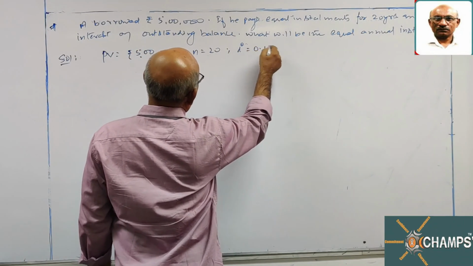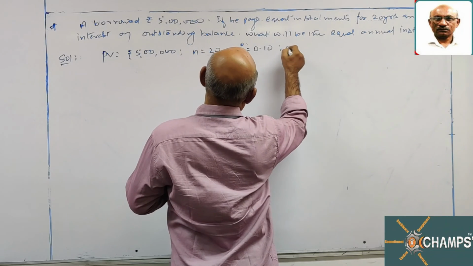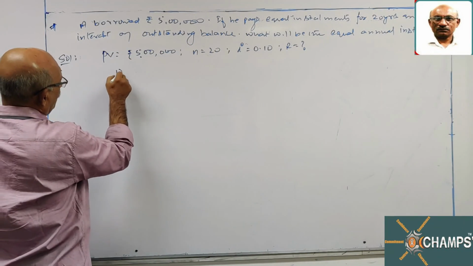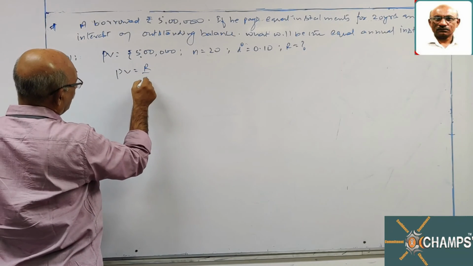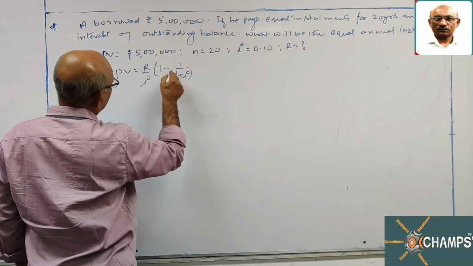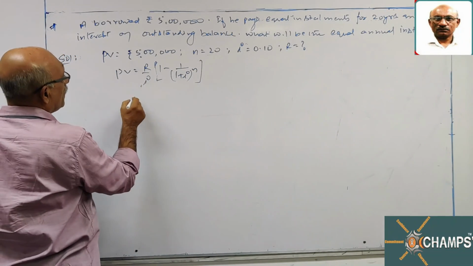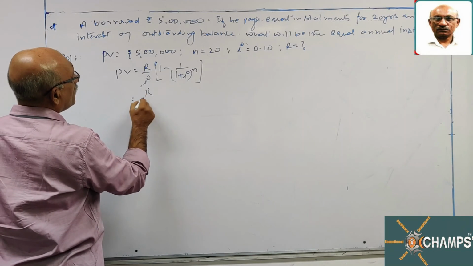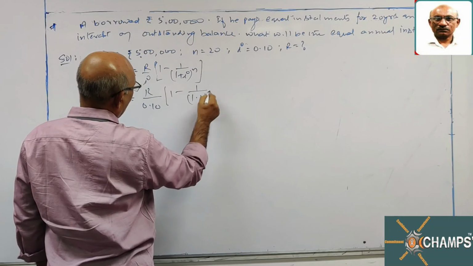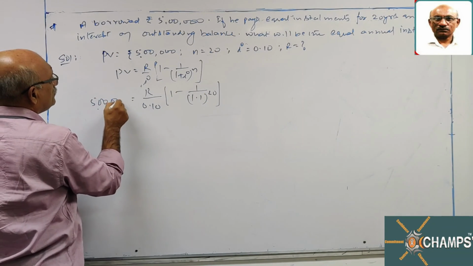I is equal to 0.10. R is equal to question. So present value is equal to R by 0.10 into 1 minus 1 by 1.1 whole power 20 is equal to 5 lakhs.